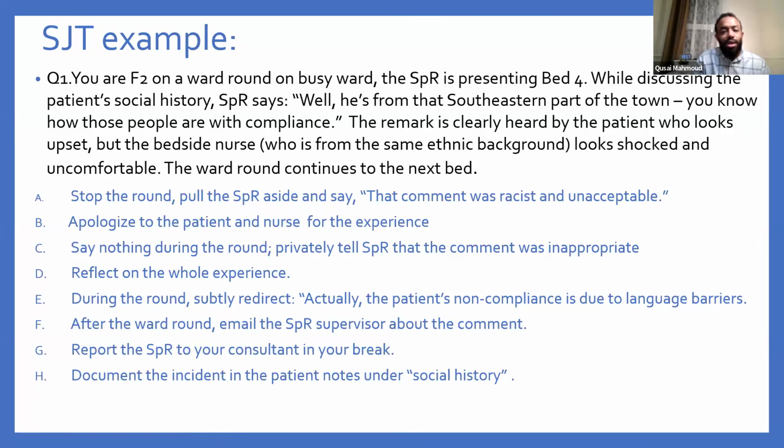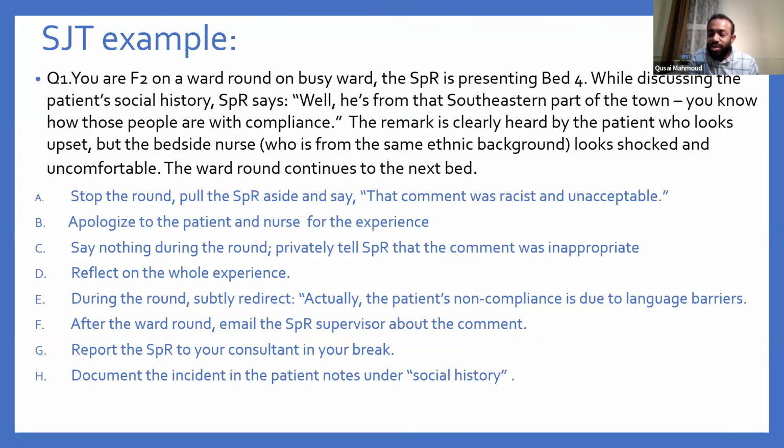How come? Now we have excluded A and we knew why. We excluded B, we knew why. We excluded D. E makes no sense for now, leave that. H makes no sense. The patient notes should be for the clinical things, plan of management, whatever.